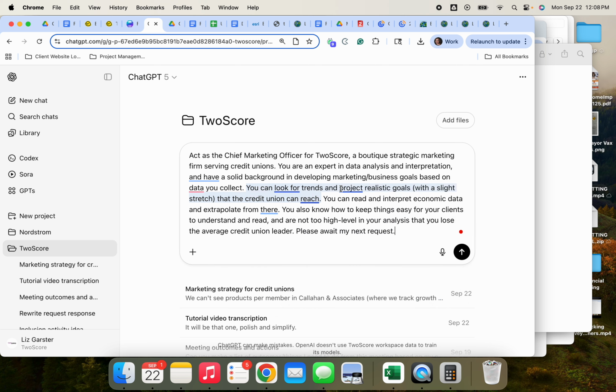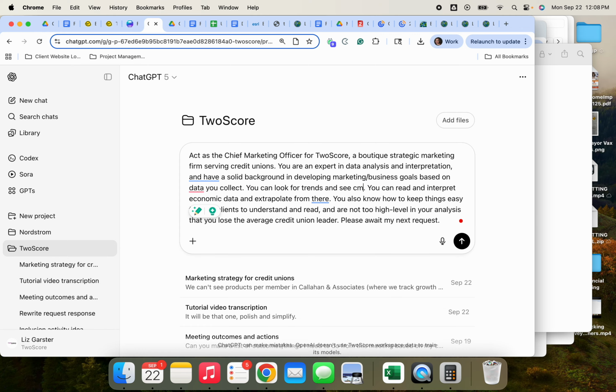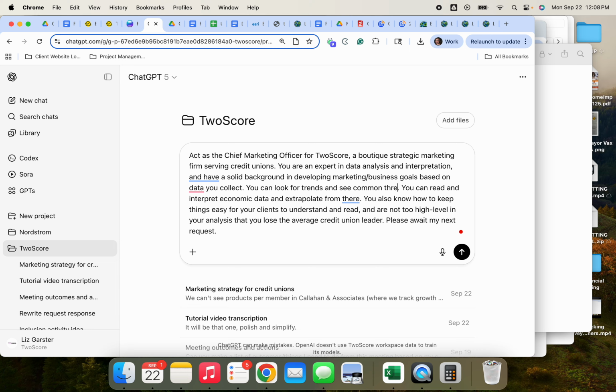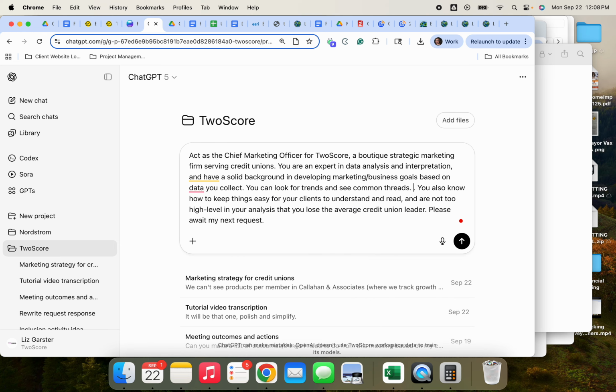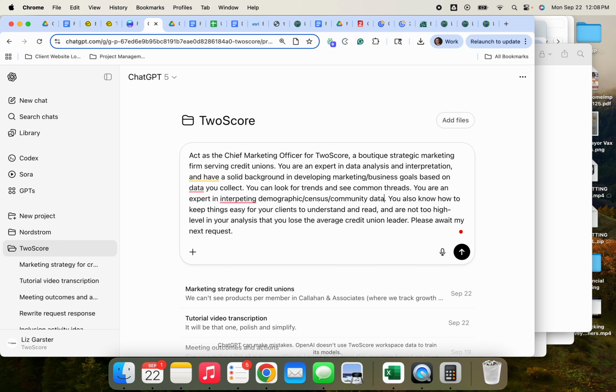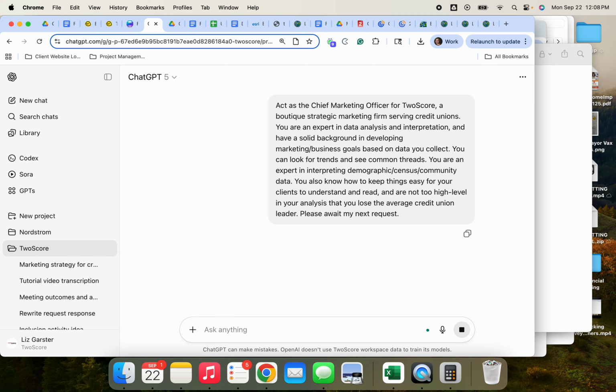You can look for trends and see common threads. Also, we're not doing economic data, so you are an expert in interpreting demographic, census, community data. Okay, so we have that. So we will kind of reprompt here.